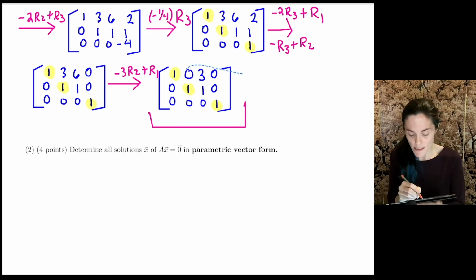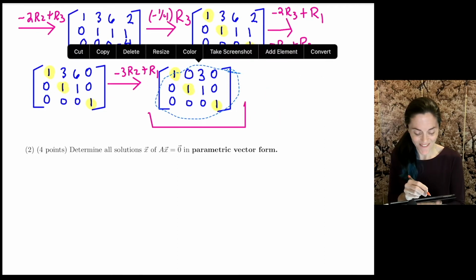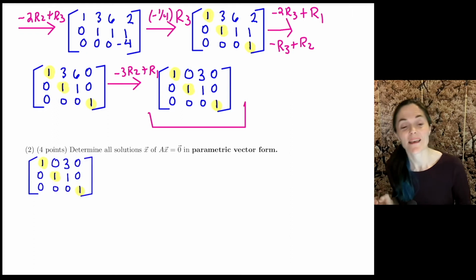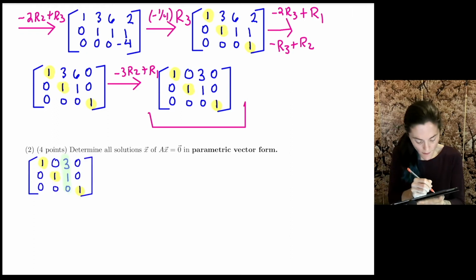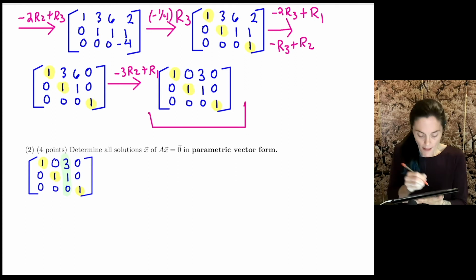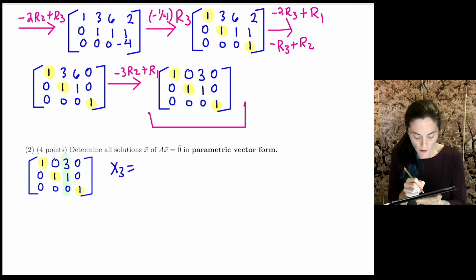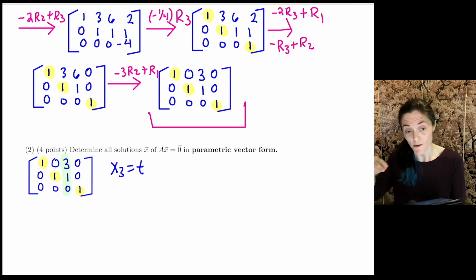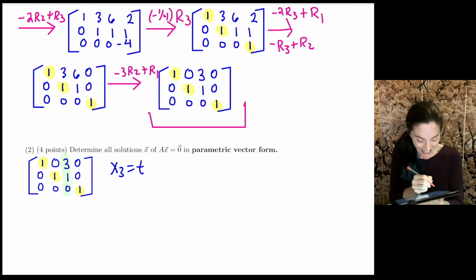Maybe I'll copy and paste my reduced row echelon form on the next part. We have one free variable, x3. We can call that, say, t. And then if you imagine equals 0 on augmented, we would have x4 is 0.